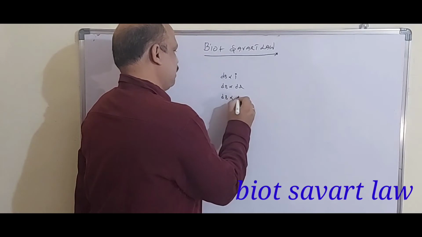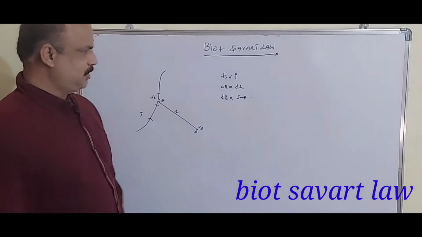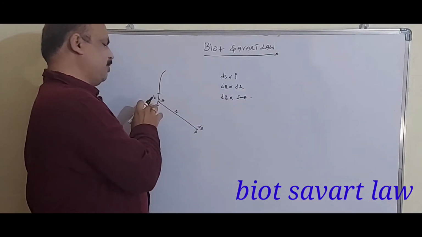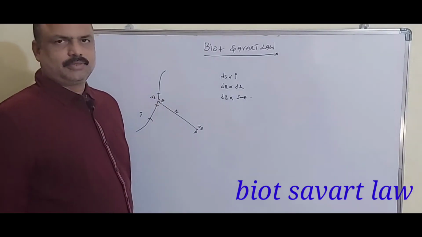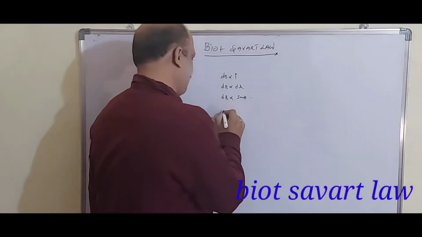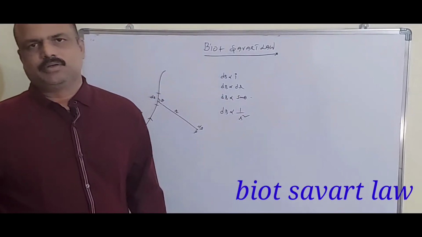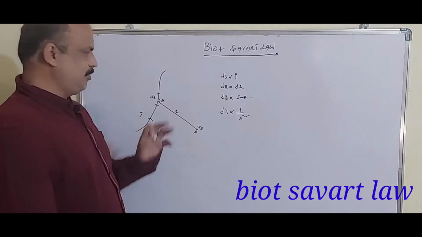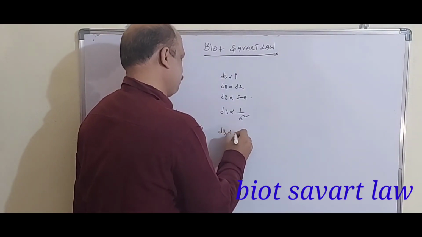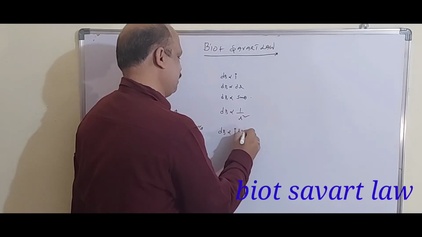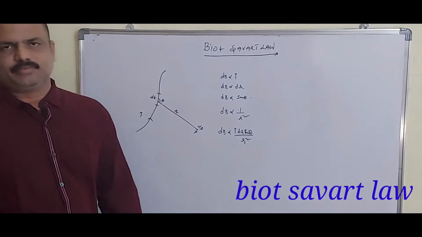dB is directly proportional to sine theta. That means the magnetic field due to this small element is directly proportional to the sine of the angle between dl and r. And dB is inversely proportional to r square, the square of the distance between the small element and P. So we write dB proportional to I dl sine theta divided by r square.